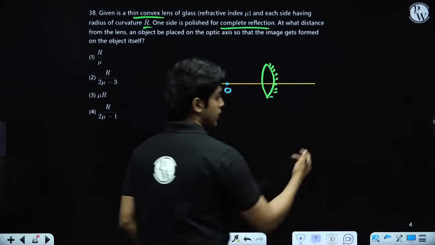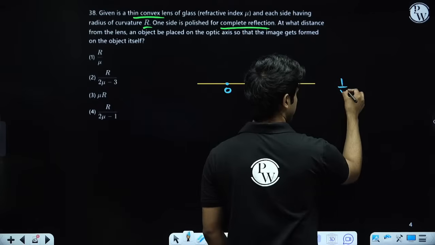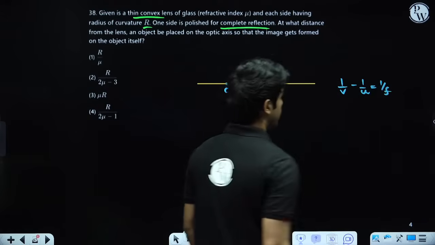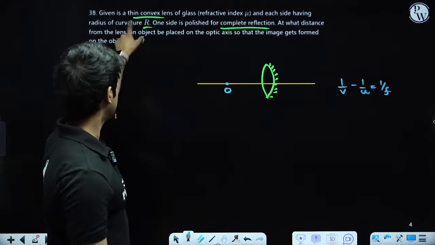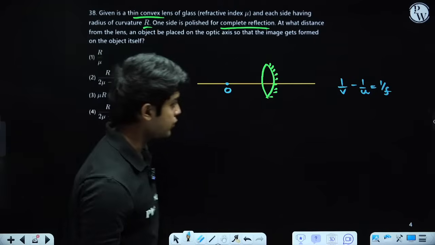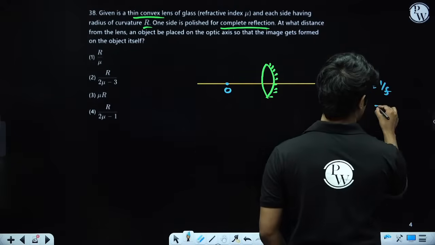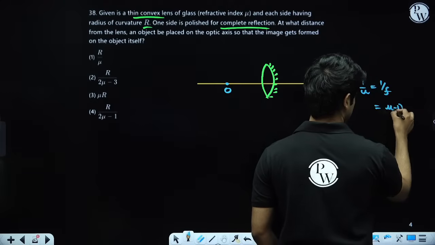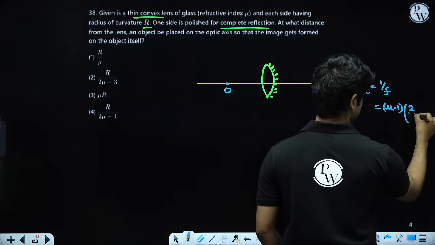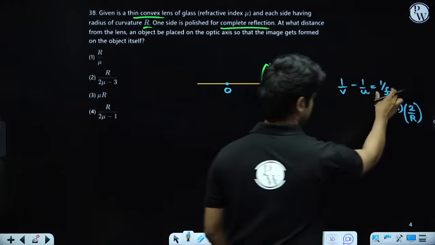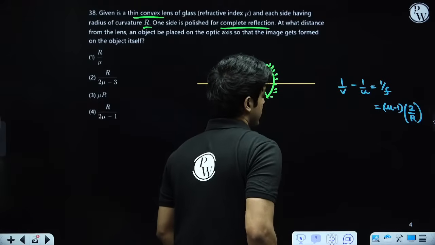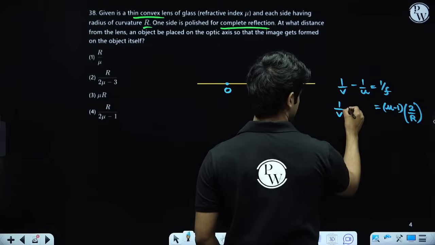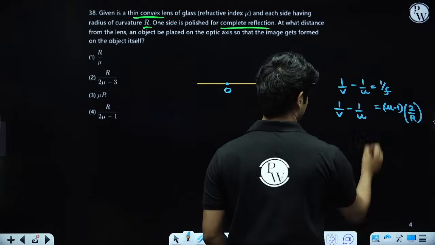So first we will apply lens formula. 1 by V minus 1 by U equals 1 by F. And 1 by F we can write in terms of mu and R using the lens maker's formula, which is mu minus 1 times 2 by R. And here we will have 1 by image distance minus 1 by U, object distance.